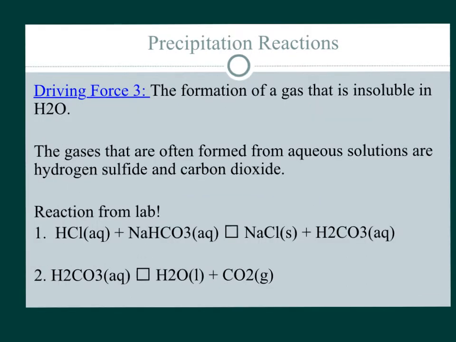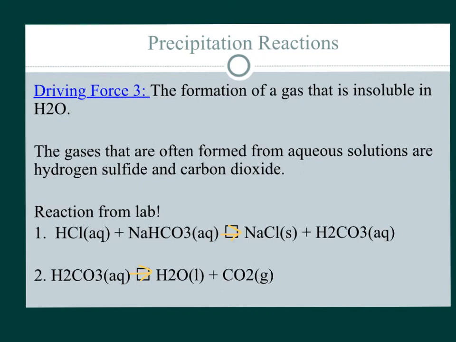And our last driving force is the formation of a gas that is insoluble in water. Two of the most popular gases that usually form in these types of reactions are hydrogen sulfide and carbon dioxide. So here we have HCl and sodium hydrogen carbonate, and you're going to form sodium chloride solid and carbonic acid.